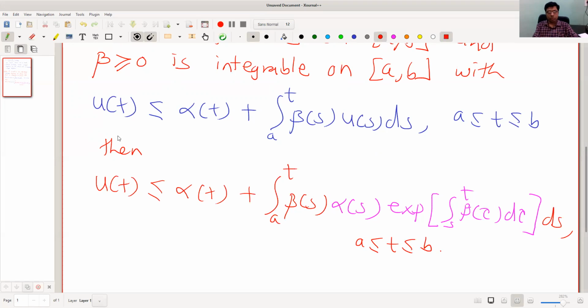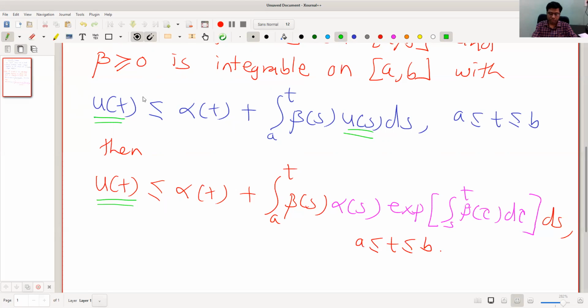Okay, so consider this first inequality. This is called integral inequality because it contains integral. So here u of t is appearing on both sides, left as well as right. So if we assume equality here, then this is called as integral equation. And in second inequality, u of t is appearing on the left side only.